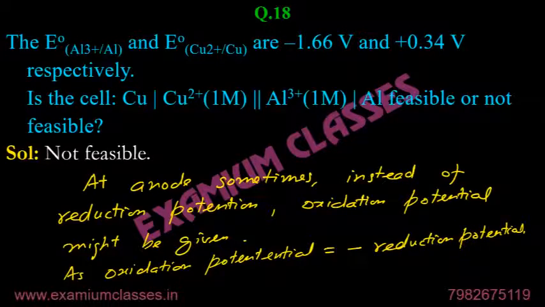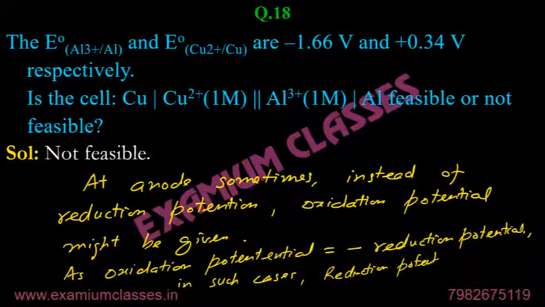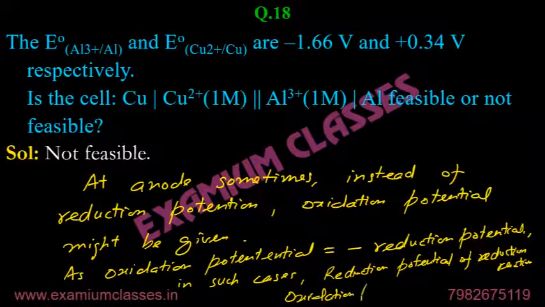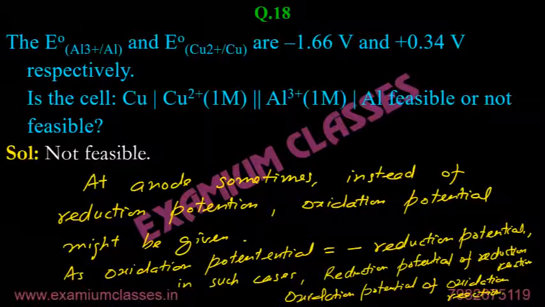So in such cases, the reduction potential of the reduction reaction and the oxidation potential of the oxidation reaction are given, because at anode oxidation is taking place.